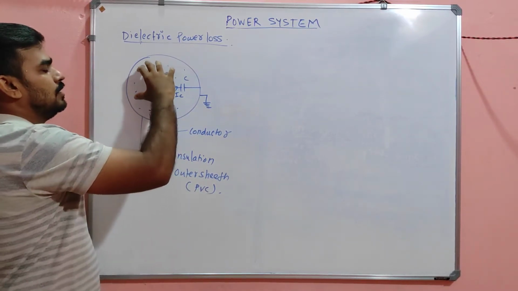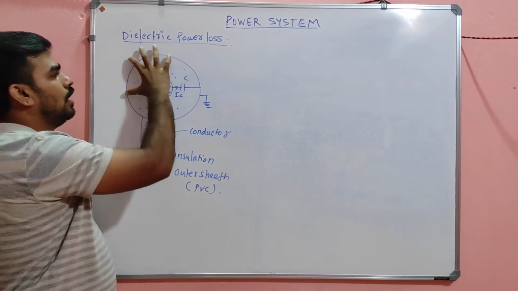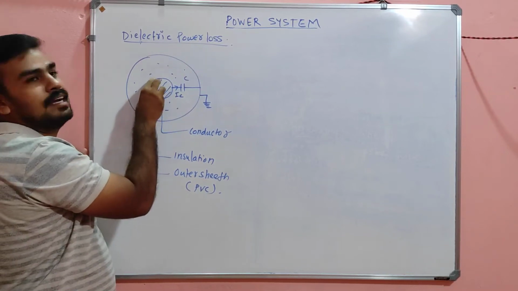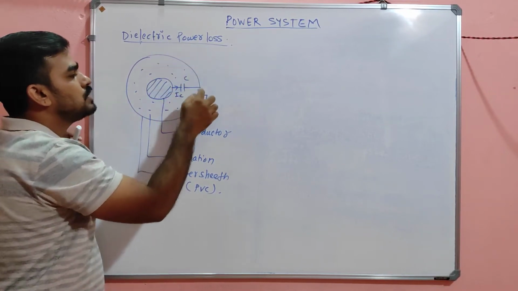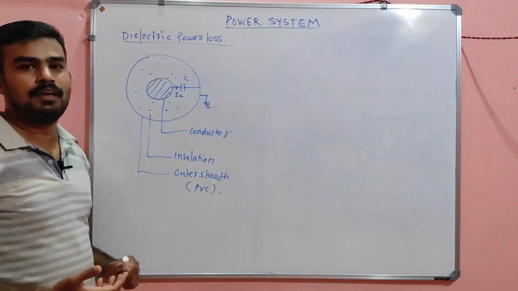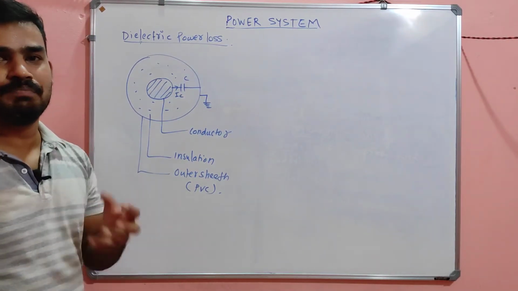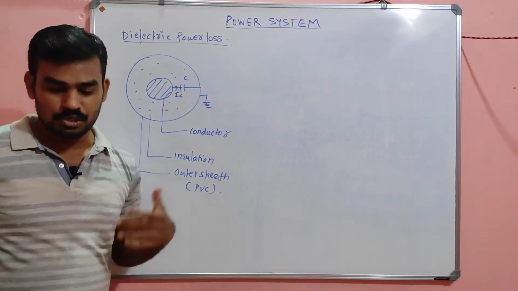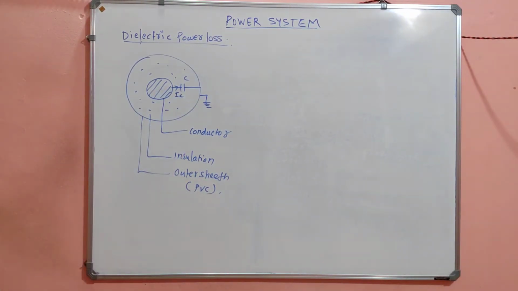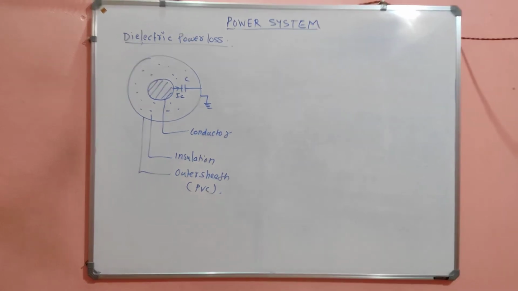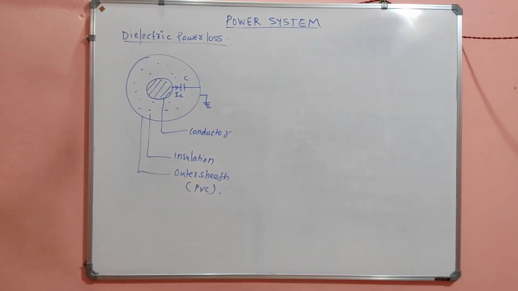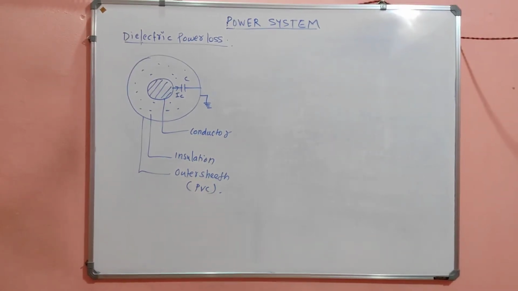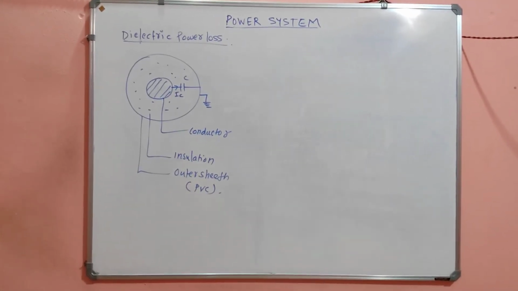I can conclude that this is overall an insulation around a single conductor, and outside the insulation is the sheath, the PVC sheath, which is earthed in order to make the potential zero. Is it clear? Okay, clearly visible now?